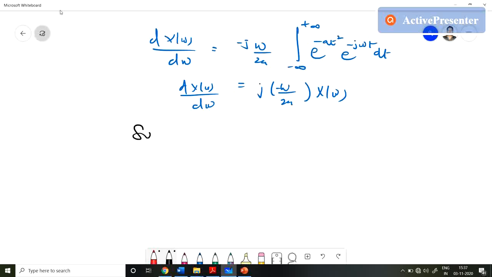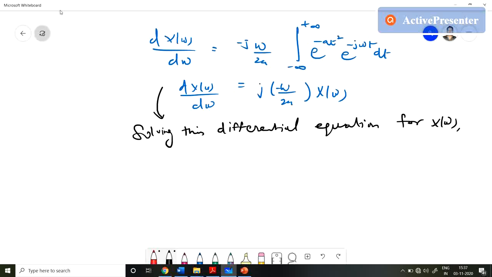So solving this differential equation for X(omega), we obtain X(omega) is equal to A e raised to the power minus omega square divided by 4a.